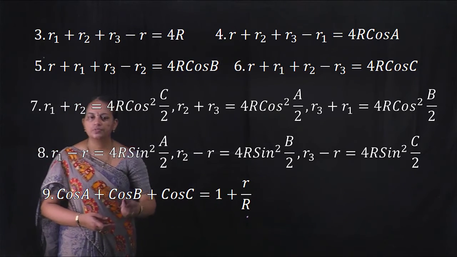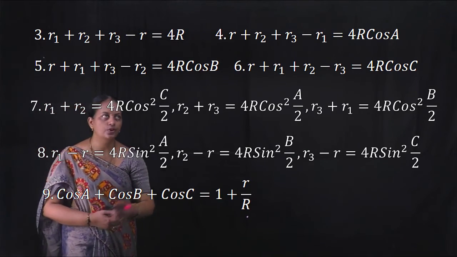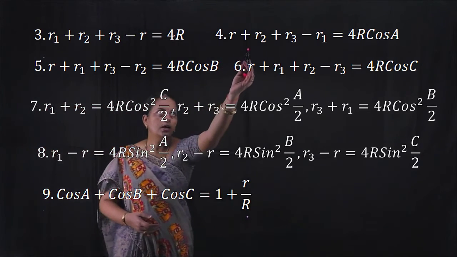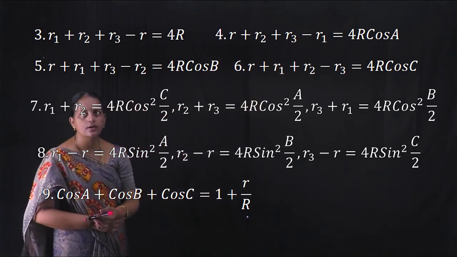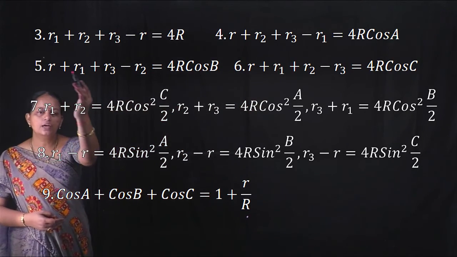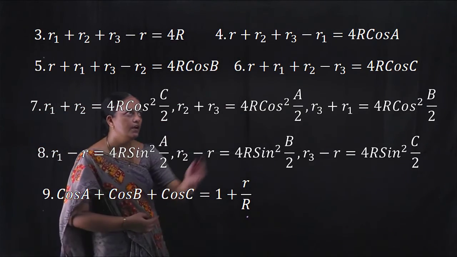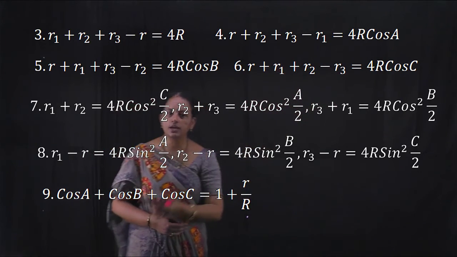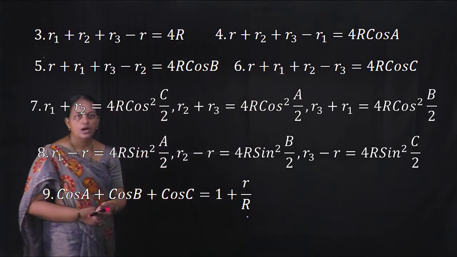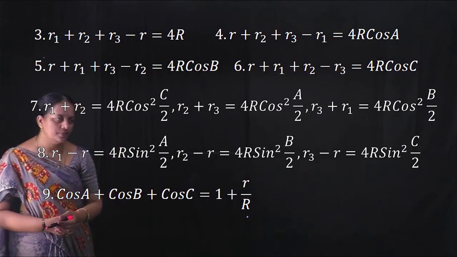First one is R1 plus R2 plus R3 minus r is equal to 4R, and r plus R2 plus R3 minus R1 is equal to 4R cos A, and r plus R1 plus R3 minus R2 equal to 4R cos B, and r plus R1 plus R2 minus R3 equal to 4R cos C, and R1 plus R2 is equal to 4R cos square C by 2.